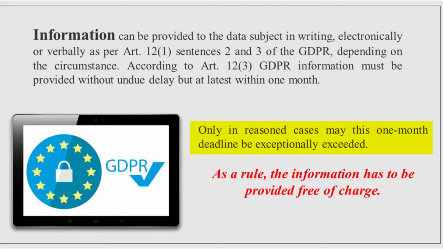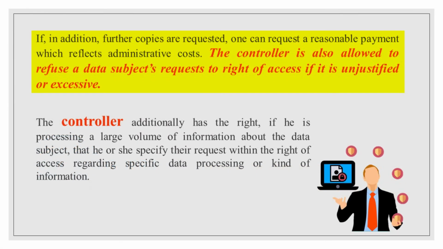Only in reasoned cases may this 1-month deadline be exceptionally exceeded. As a rule, the information has to be provided free of charge. If further copies are requested, one can request a reasonable payment which reflects administrative costs.